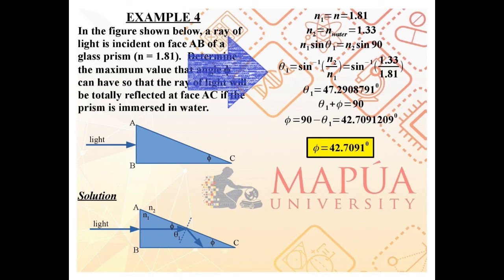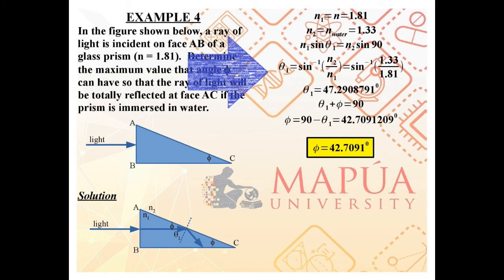Let theta 1 be the angle of incidence, and using our knowledge of geometry, we see that theta 1 plus phi is just equal to 90 degrees. So if we can find theta 1, we can find the angle phi.